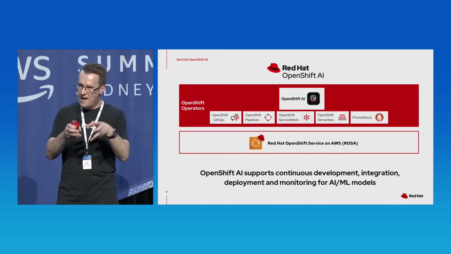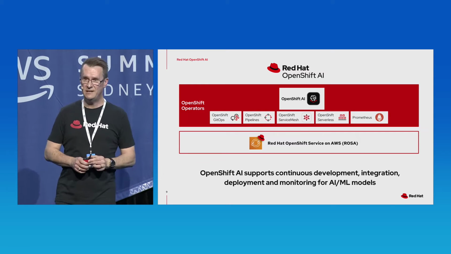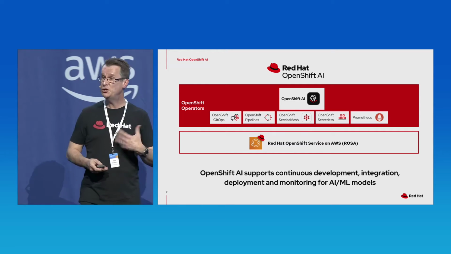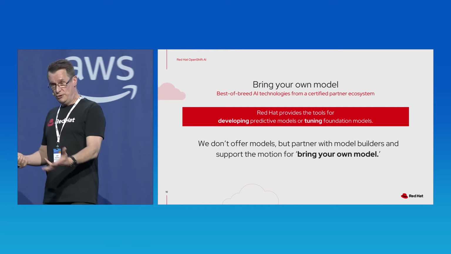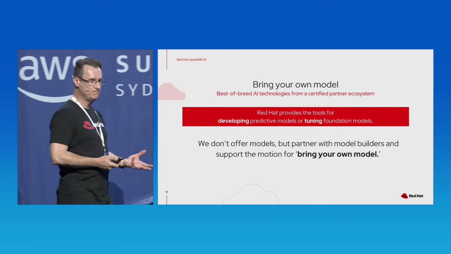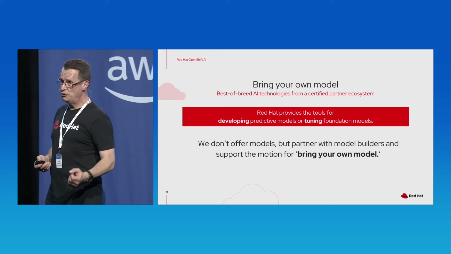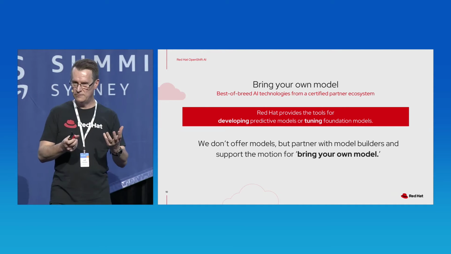It actually helps you cut away a lot of the effort that would normally be needed if you were to try and build this all yourself. So consider it a bit of a turnkey approach. What we don't do is actually give you any models to work with. You are free to utilize foundational models, generative AI models, and then work from those.